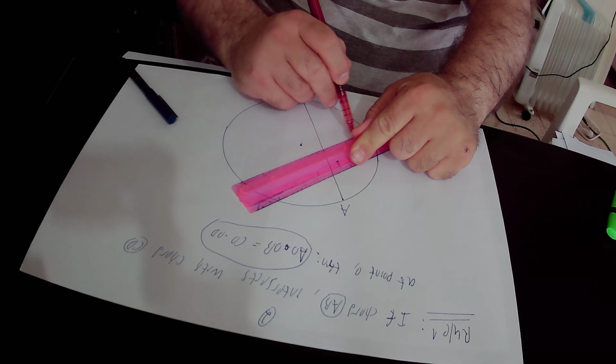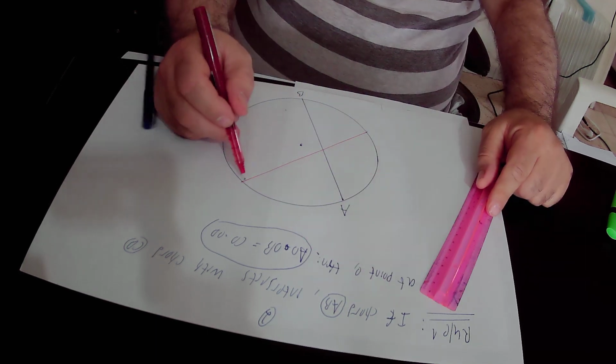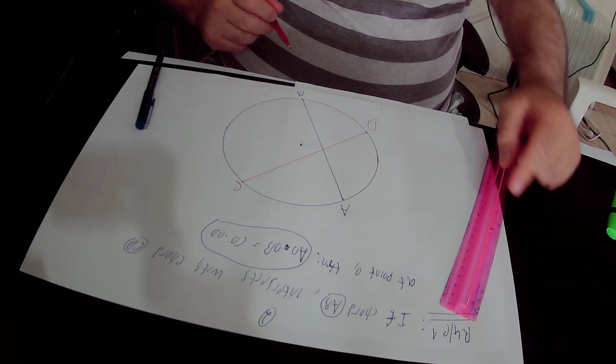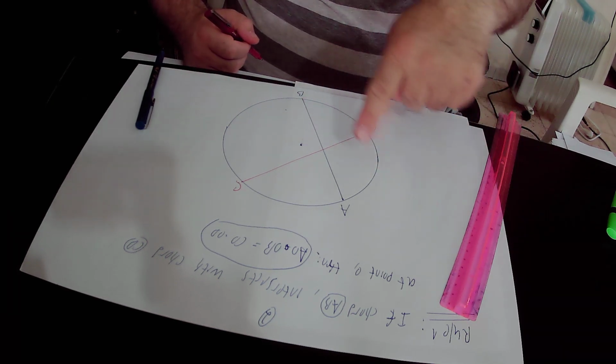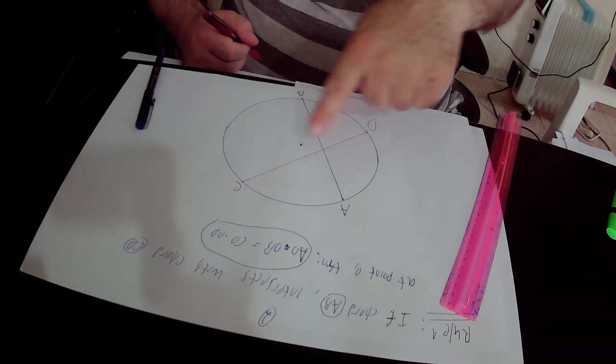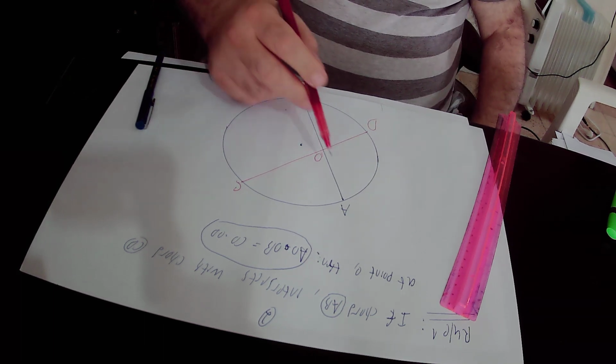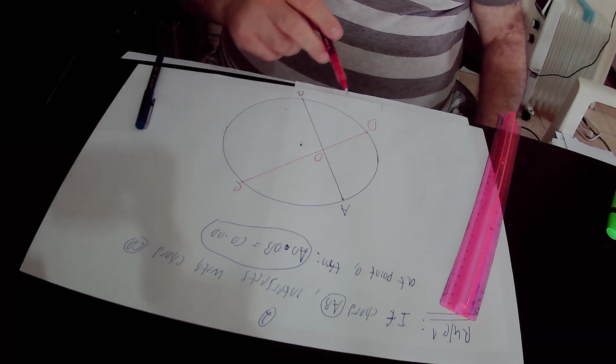This is chord CD. So I repeat again, chord AB intersects with chord CD at point O. Point O is the intersection point of chord AB with chord CD.